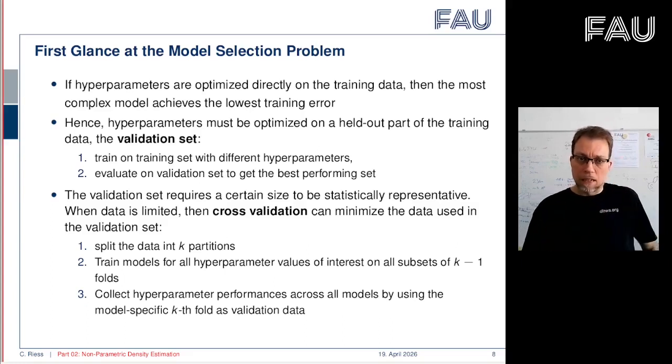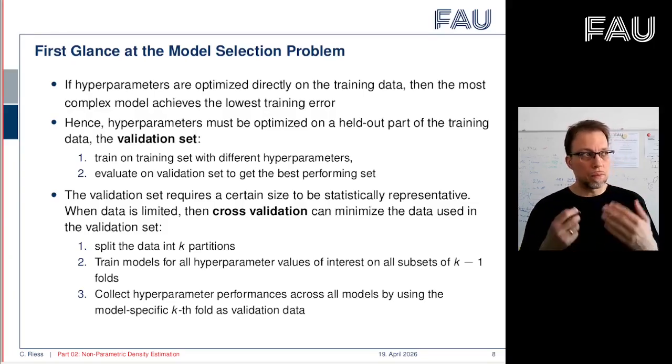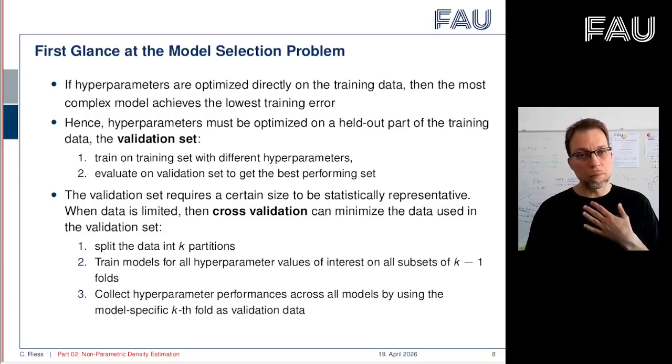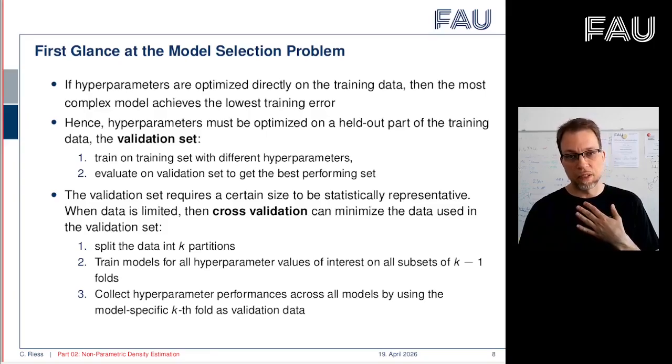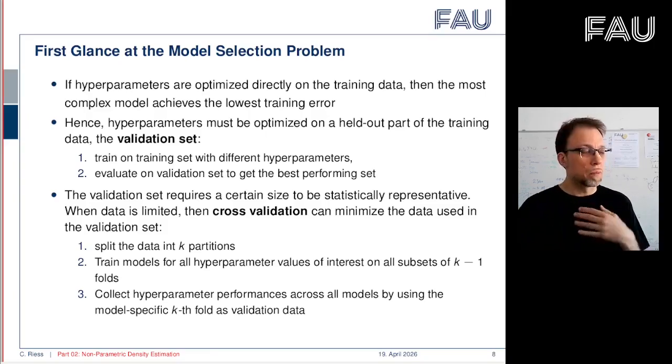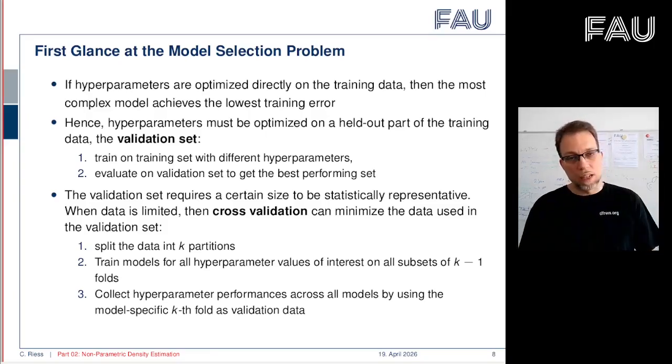If we directly optimize these hyperparameters on the training data, then the problem is that we will observe that the most complex model achieves the best performance. The most complex model that we permit will be used to achieve the lowest training error.